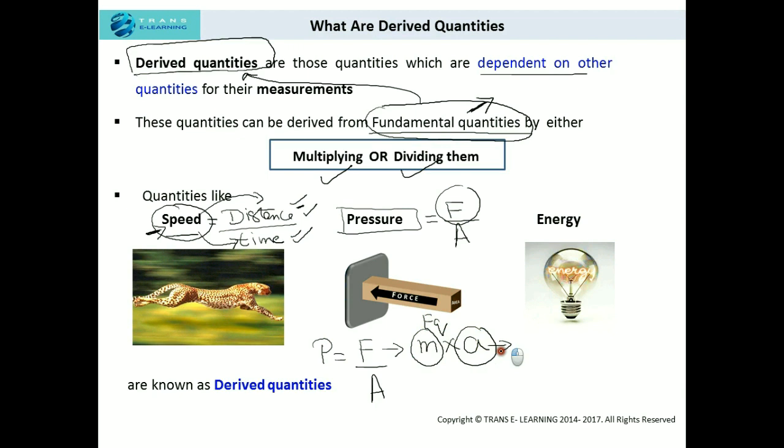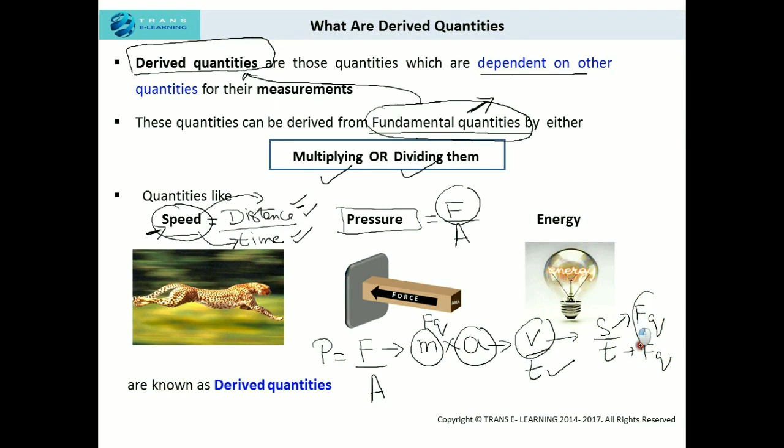So now what is acceleration? Acceleration is velocity upon time. Now time is a fundamental quantity, whereas velocity is again a derived quantity. Velocity is equal to displacement upon time. Now displacement is a fundamental quantity and time is a fundamental quantity.